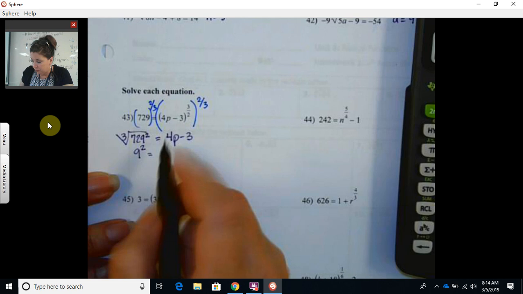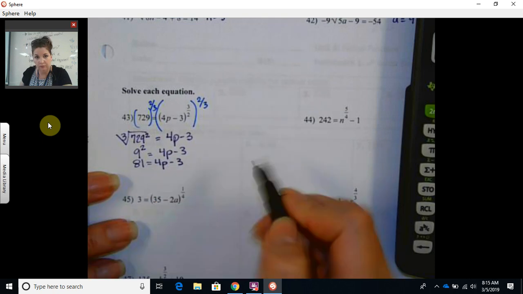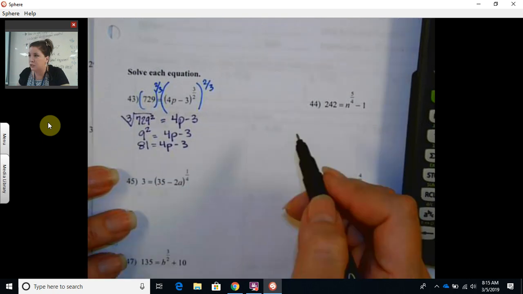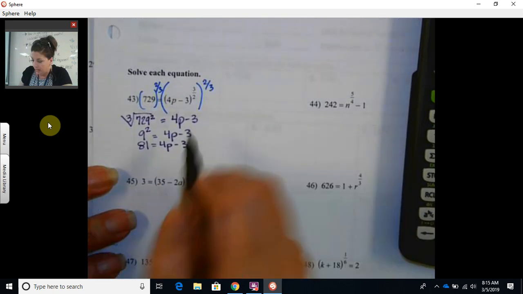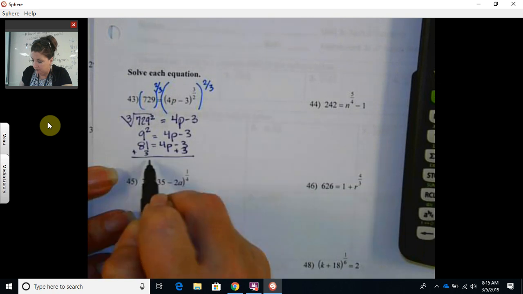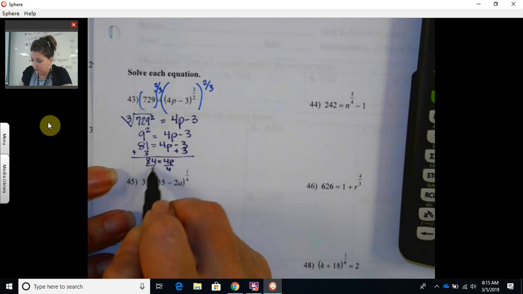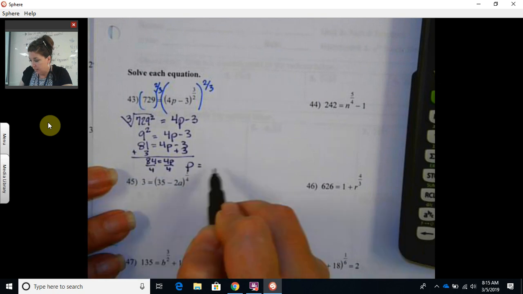Equals 4p minus 3. So 81 equals 4p minus 3. And then we just have a basic two-step equation. Add 3 to both sides. Divide both sides by 4. And p equals 21.